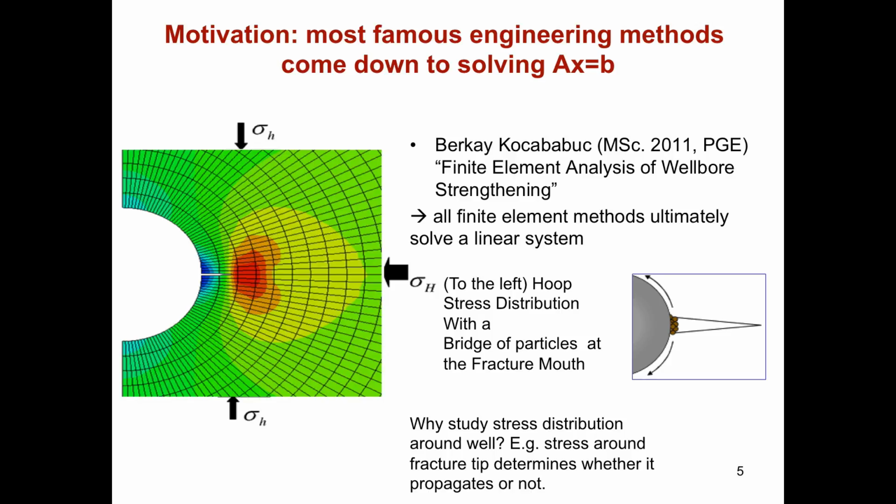Even when systems are nonlinear, in order to solve them, you linearize them along the way, okay? Because those are the fastest problems. So basically, at the crux of engineering is knowing how to effectively solve large systems of equations.